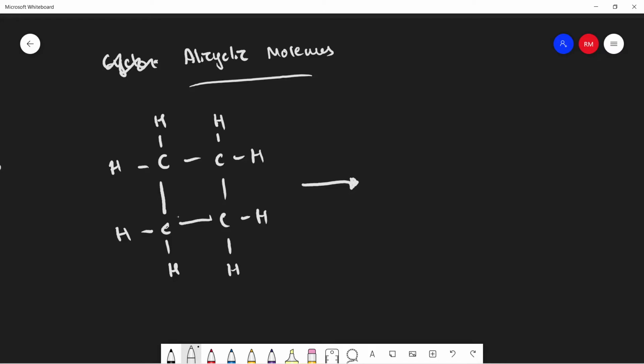How might we go about this? Well, this is actually quite simple. We have to keep the square bonds in the middle. However, we just condense the two hydrogen bonds to each carbon. So we simply go CH2, CH2, CH2, CH2, just like this.